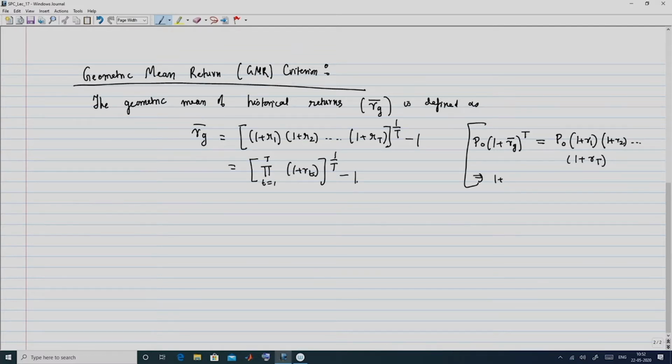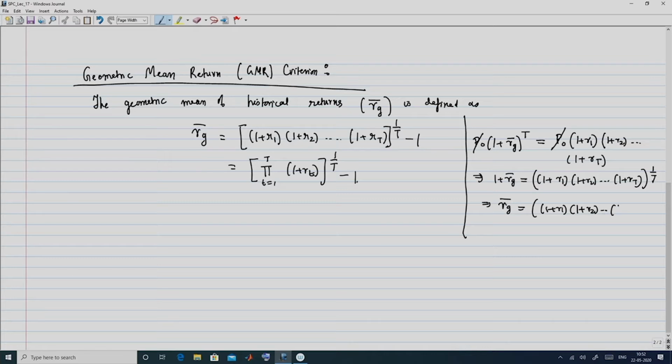So, this gives you 1 plus RG bar is equal to (1 plus R1 into 1 plus R2 all the way to 1 plus RT) raised to 1 over T, and this implies that RG bar is equal to (1 plus R1 into 1 plus R2 all the way to 1 plus RT) raised to 1 over T, minus 1. So, that is the derivation of this result here.